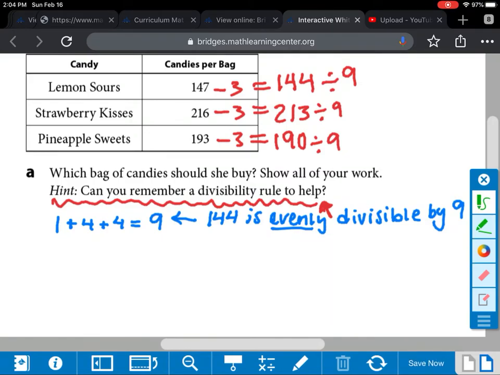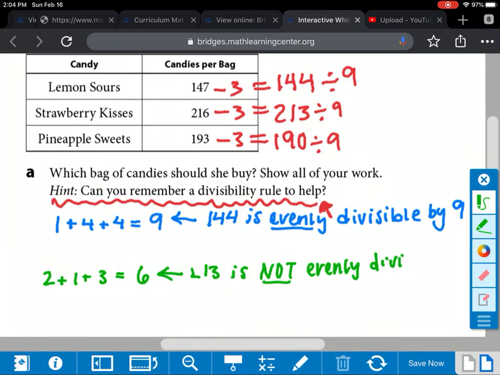When I look at 213, I do 2 plus 1 plus 3. That equals 6. So 213 is not evenly divisible by 9. And similar situation with 190.